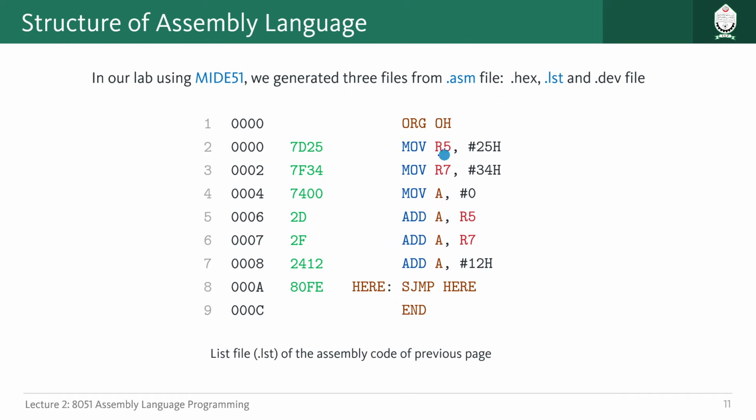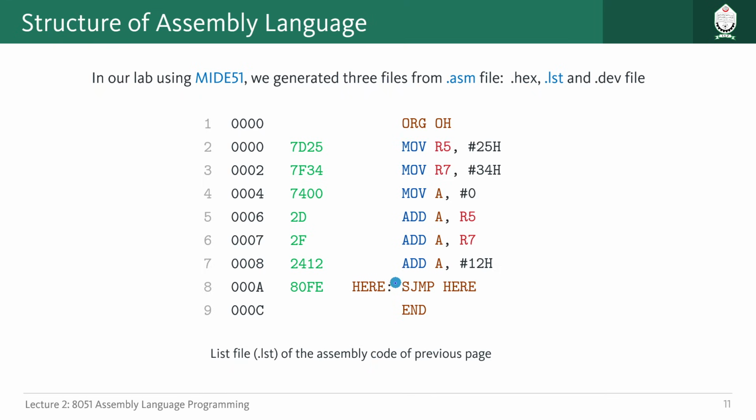We are trying to move data to R5, then move data to R7, then move something to register A. We are basically looking at one of the examples we saw earlier, adding different values stored in different registers. Afterwards you can see that here we have written "here: SJMP here", short jump.